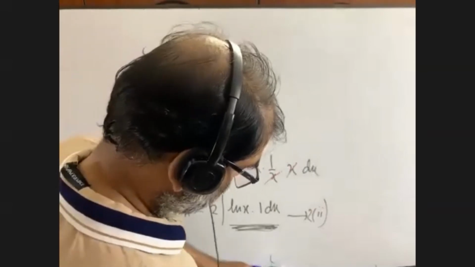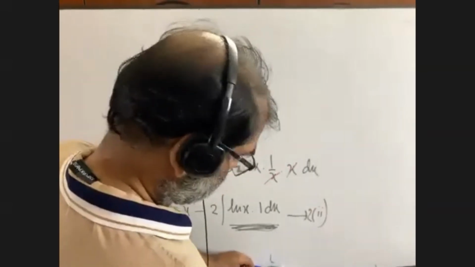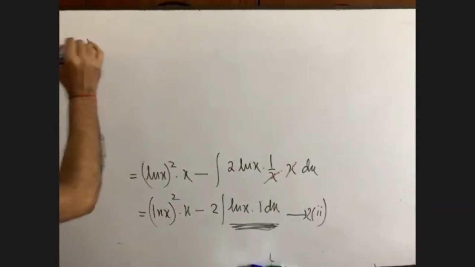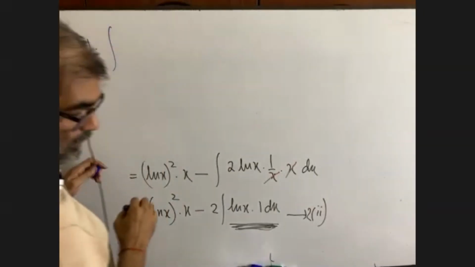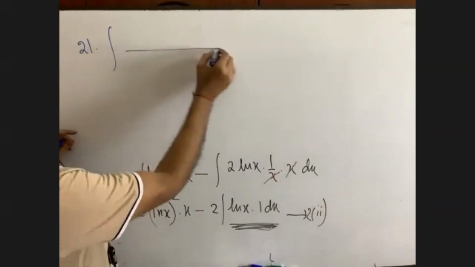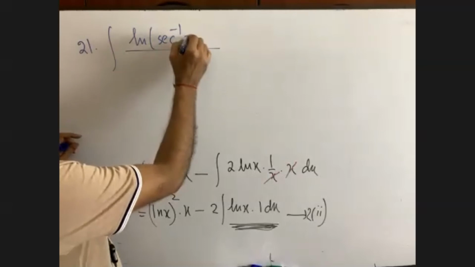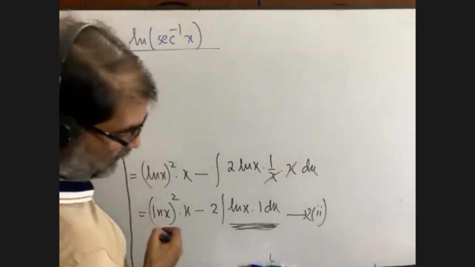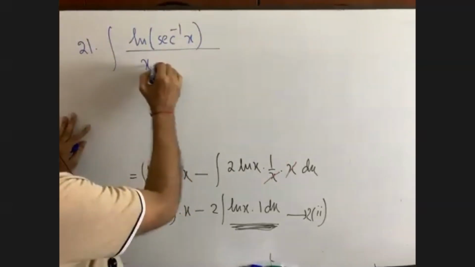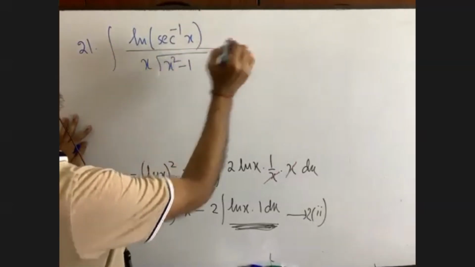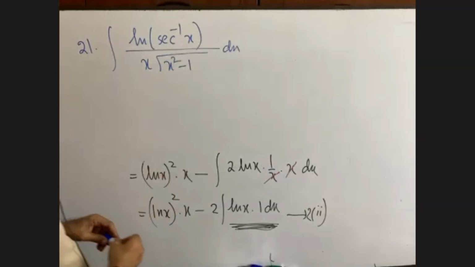Now, going to question number 21, you see the integration of ln sec inverse x by x root over x square minus 1 dx. Don't be afraid of seeing the math.